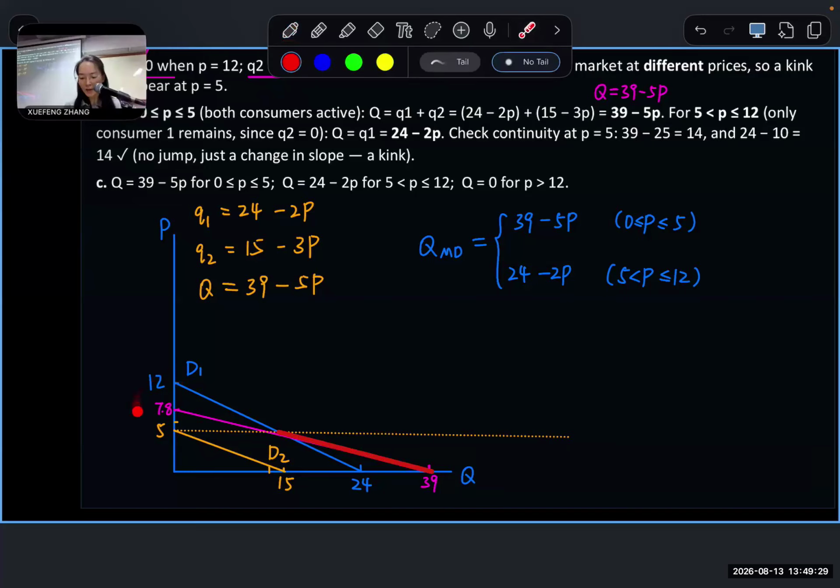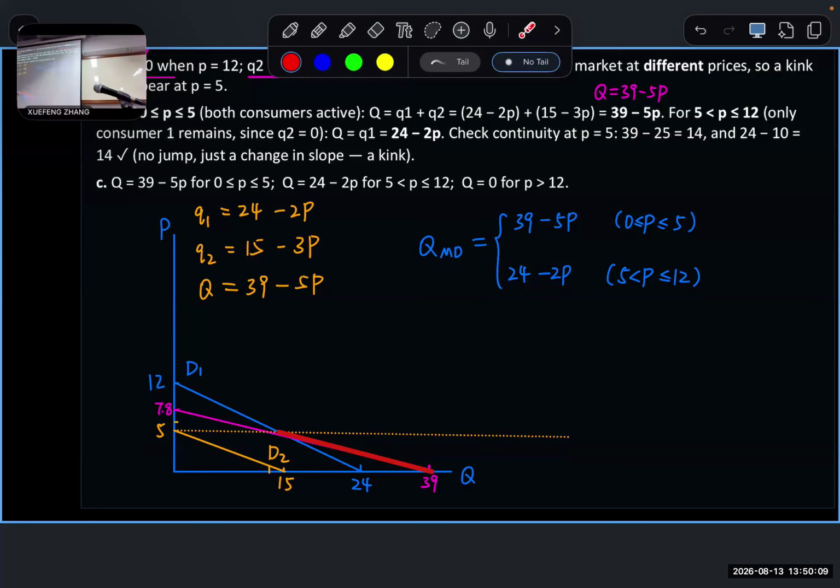Okay, next one. If price is between 5 and 12, which consumer will buy? Don't look at the upper part, look at the lower part. If price is lower than 5, both of them, D2 and D1, will buy. That's why this is the market demand.